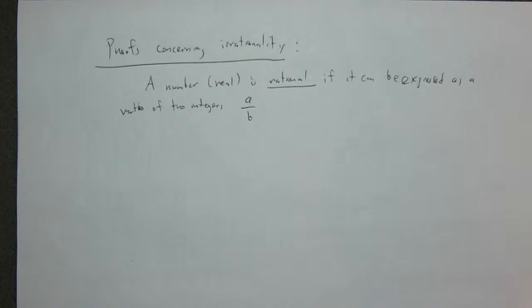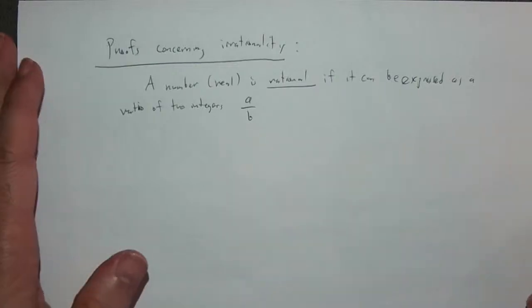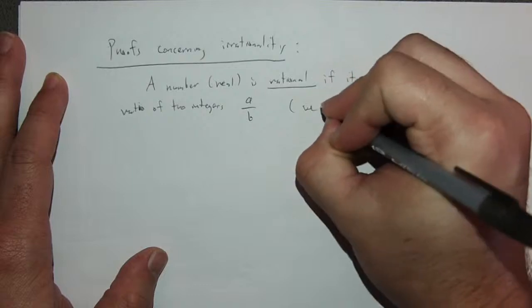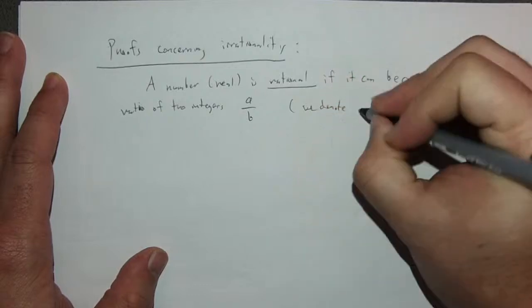And of course, you could do a better job actually defining the set of rationals, saying that it's just the set of fractions like this where b is not 0. So we denote the rationals with Q.